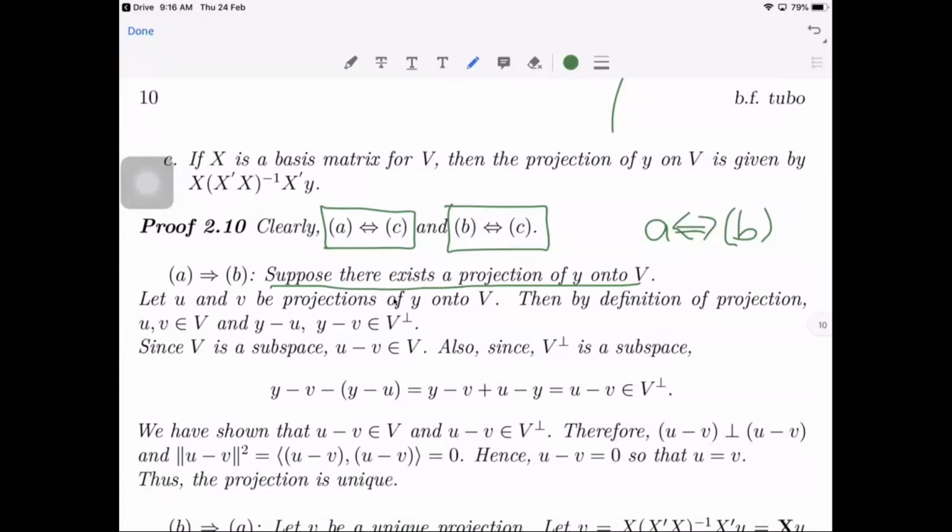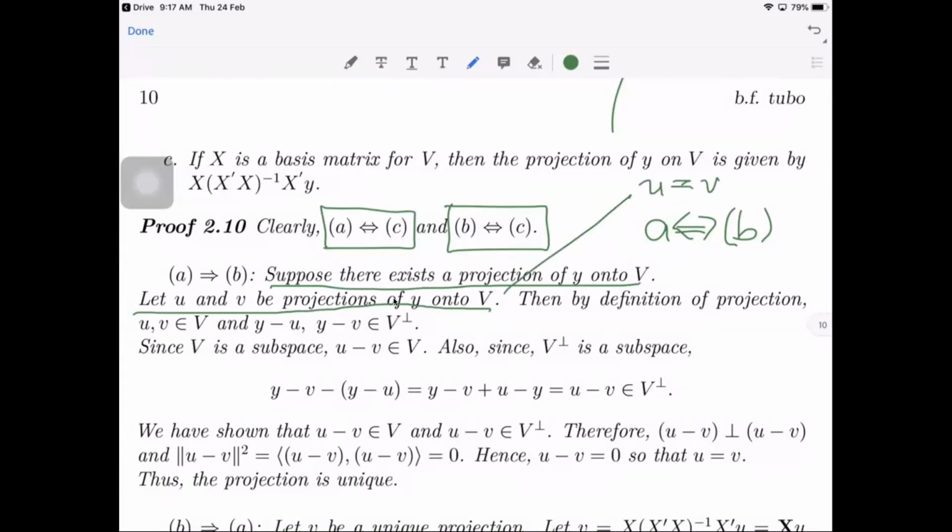To show uniqueness, you assign two different values of projections. So in your proof, you assume or you let two projections. So let U and V be projections of Y unto V. To show uniqueness, you have to show that U is equal to V. That is showing uniqueness.